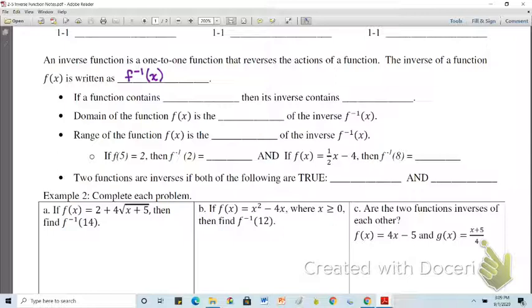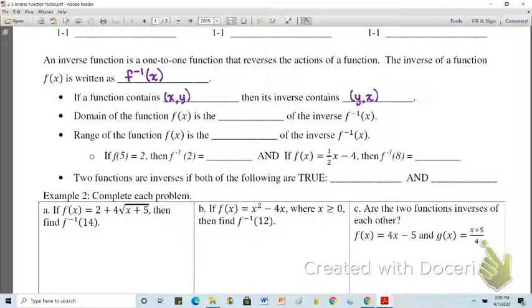So what I know about inverse functions: if a function contains the point (x, y), then its inverse contains the point (y, x). In other words, all we do for an inverse function is flip our x and our y.